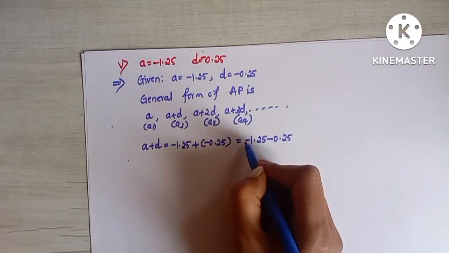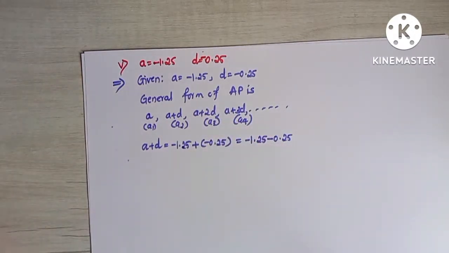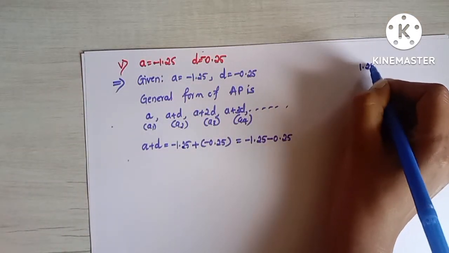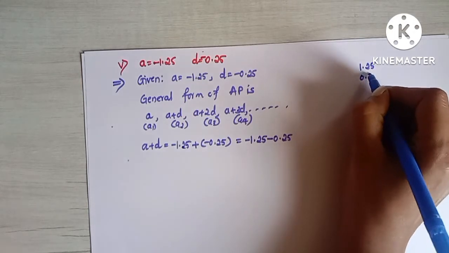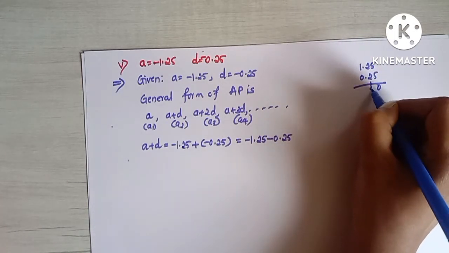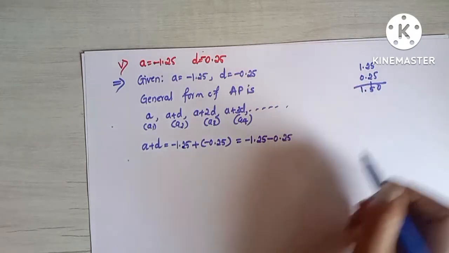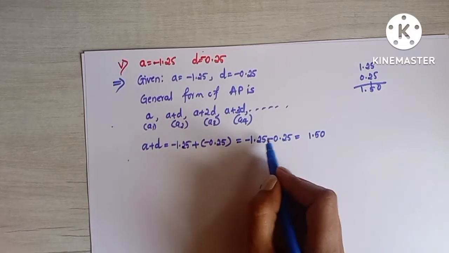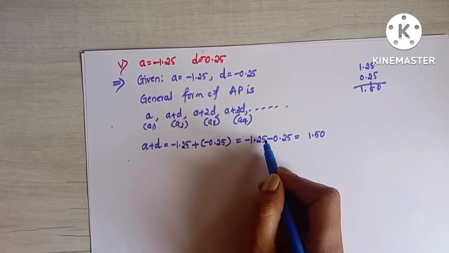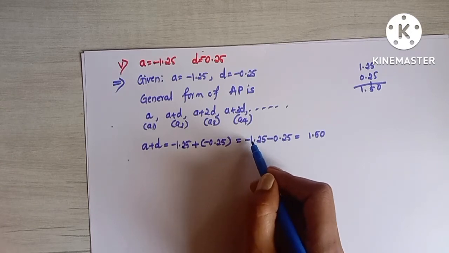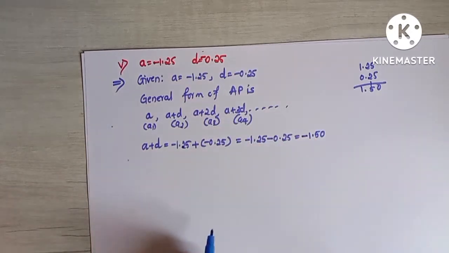So here we have minus and minus sign, therefore we have to add. What is 1.25 plus 0.25? This is 1.50, and we have to assign the sign of the bigger number. Here the bigger number is 1.25, that is minus, therefore we assign minus.